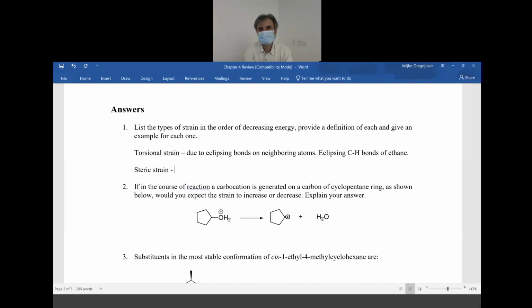Strictly speaking, steric strain is due to penetration of electron clouds of different atoms or groups. Simply, there is not enough room.